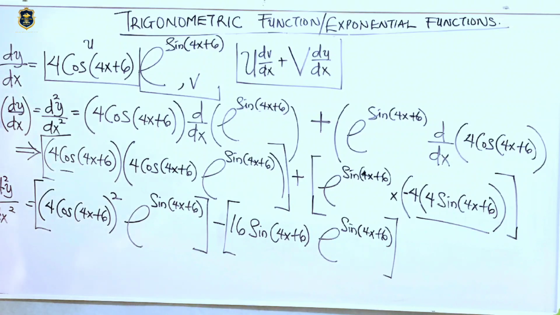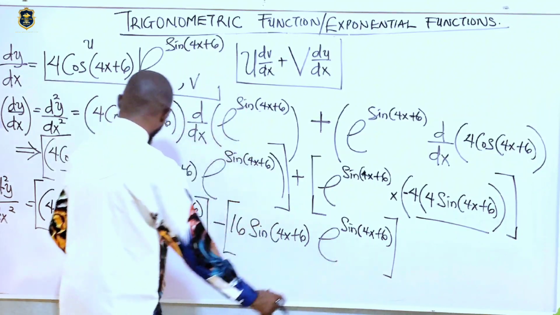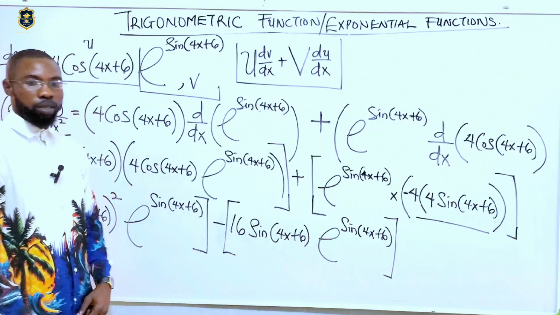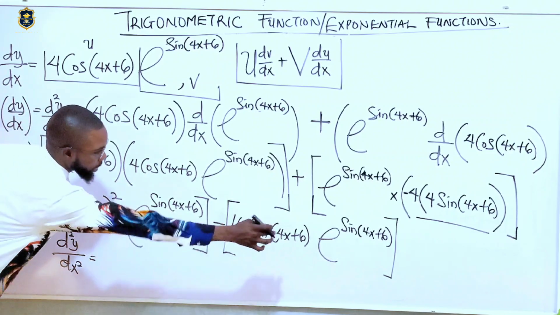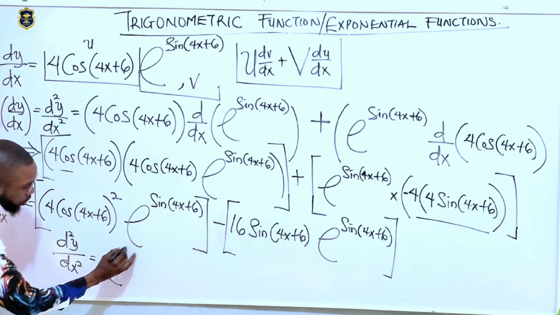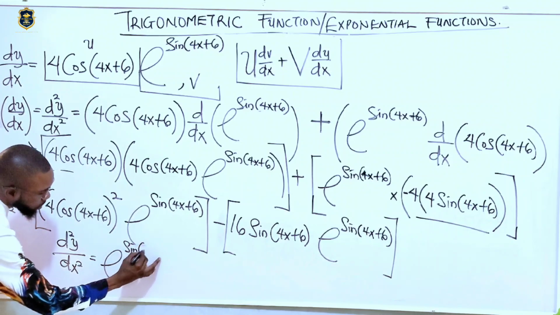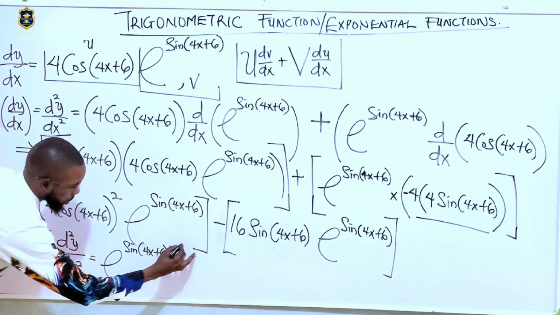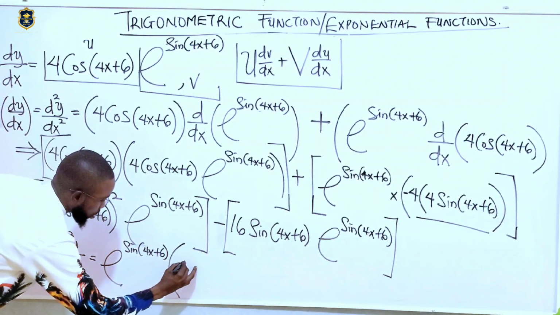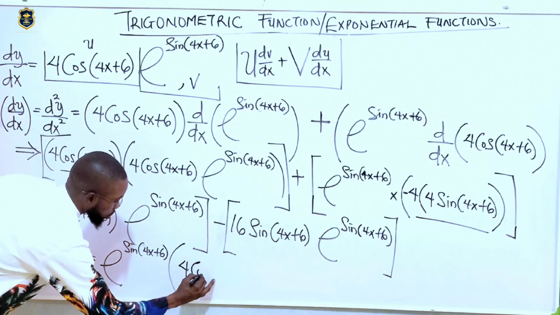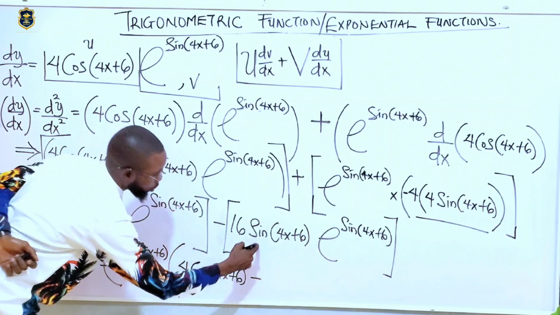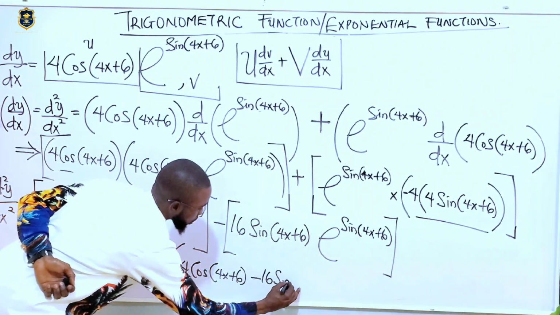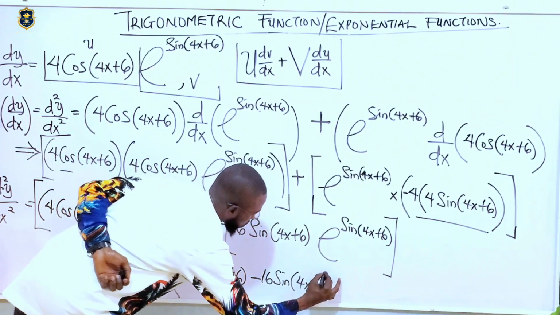So by factorizing, the total answer of d squared y over dx squared is going to be e to the sine 4x plus 6 in brackets, 4 cos 4x plus 6 minus 16 sine 4x plus 6.